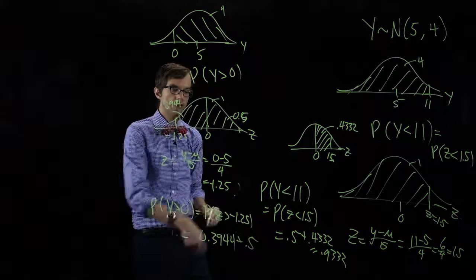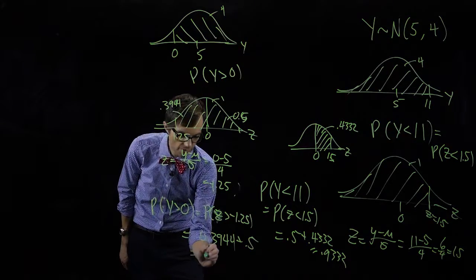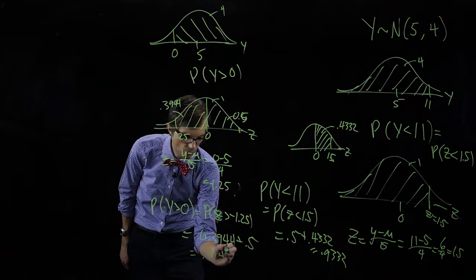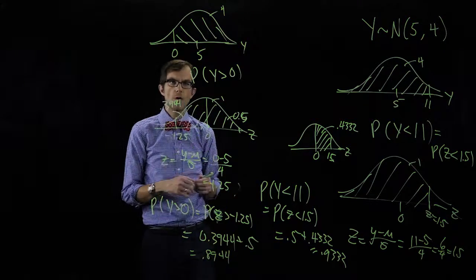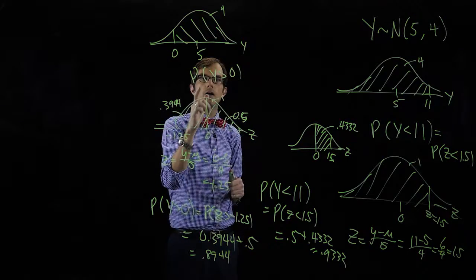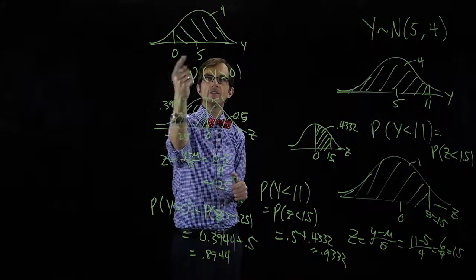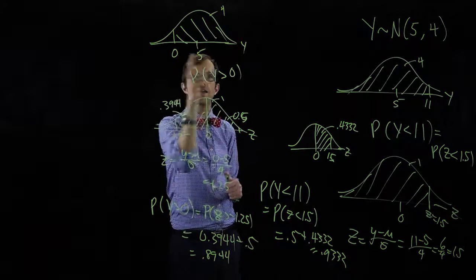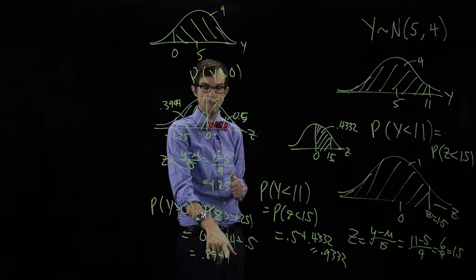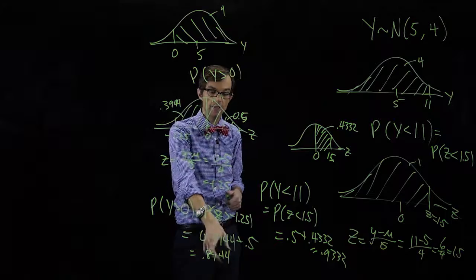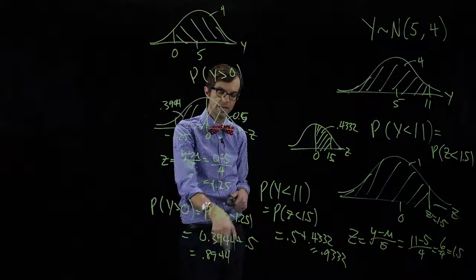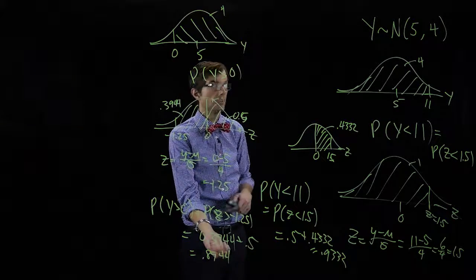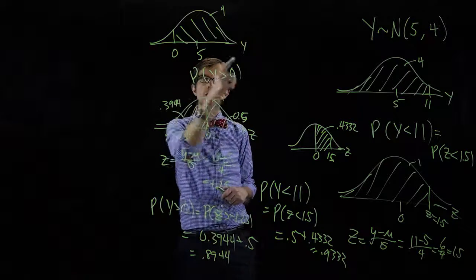We add those two together, and that is 0.8944. So what's the probability that this y value lies above 0? What's the probability that we get a realization that lies above 0? 0.8944. Roughly 89.5% of the realizations of random variable y lie above 0.